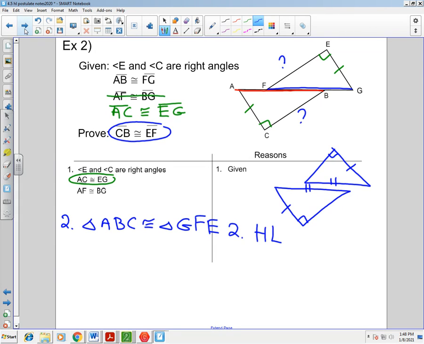And when do we use CPCTC? We use CPCTC after we show two triangles are congruent. So your last step will be segment CB is congruent to segment EF, and the reason for this step is CPCTC.